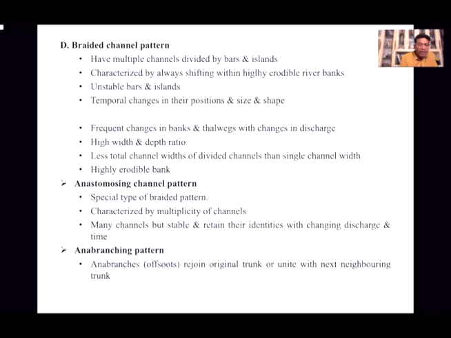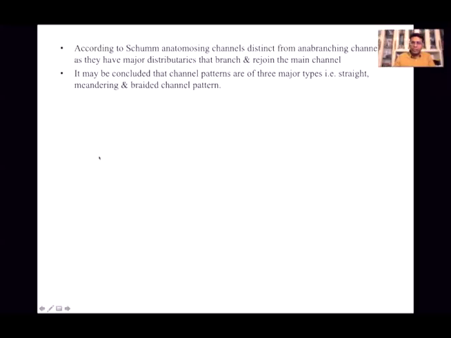Both have multiplicity, but look at the last 4 lines. An anastomosing pattern is one where there are many channels, but they are stable and retain their identities with changing discharge and time.